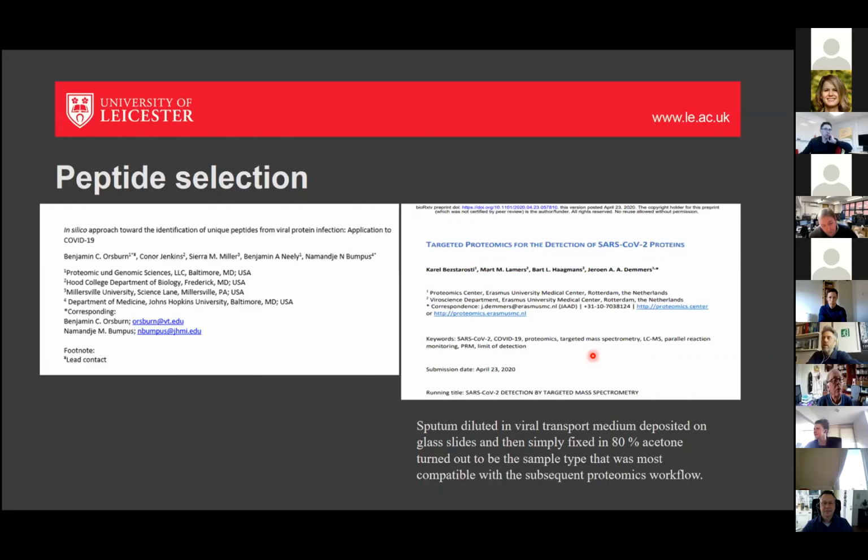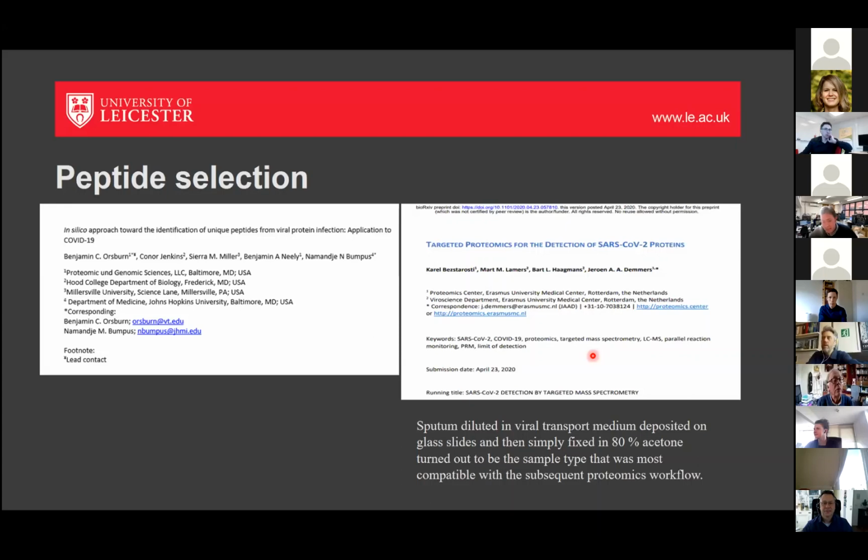For example, with the Ben Osborne paper, where he did a simple in silico digestion of unique peptides for the virus, I was able to establish a list of peptides by removing any non-unique peptides, so present in human or microbiome or other coronaviruses.